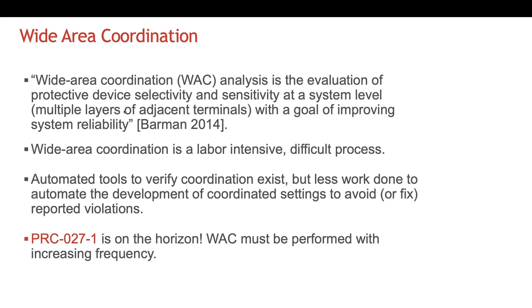And with PRC 27 on the horizon, this is becoming an increasingly important topic. Wide area coordination studies will need to be performed more often, and of course, as the topology of the grid changes more often with distributed generation and other factors.